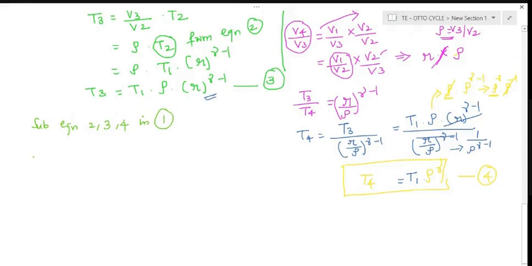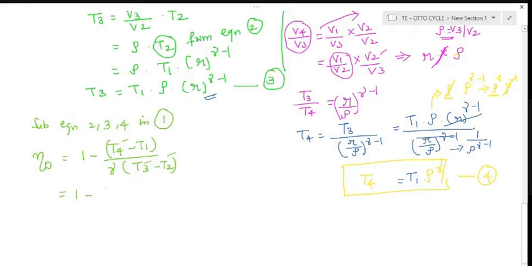The general diesel efficiency equation in terms of temperature is 1 minus T4 minus T1 divided by gamma into T3 minus T2. So you can replace the terms T4, T3 and T2.